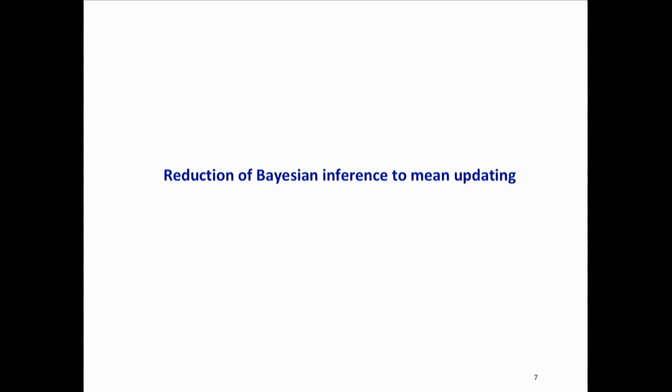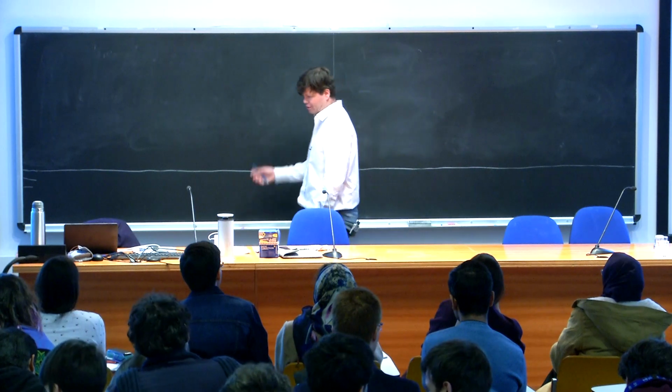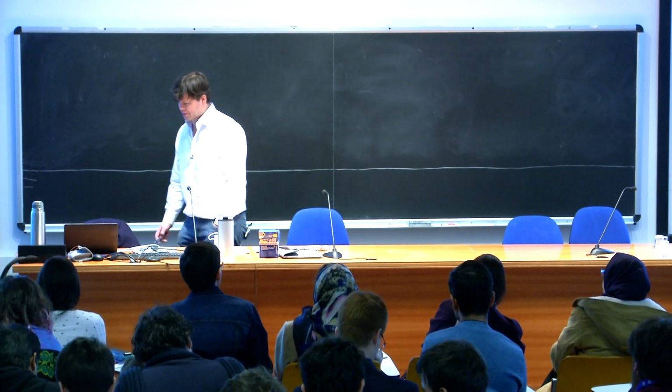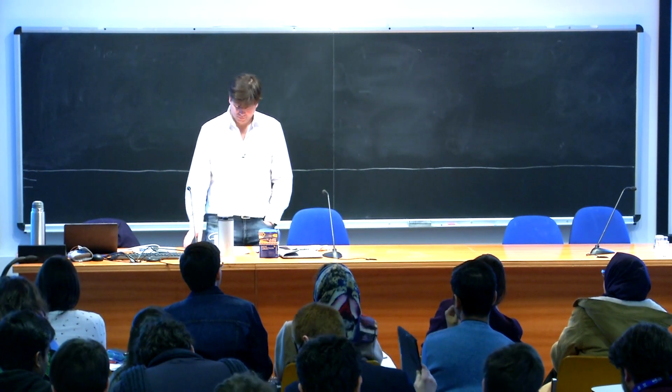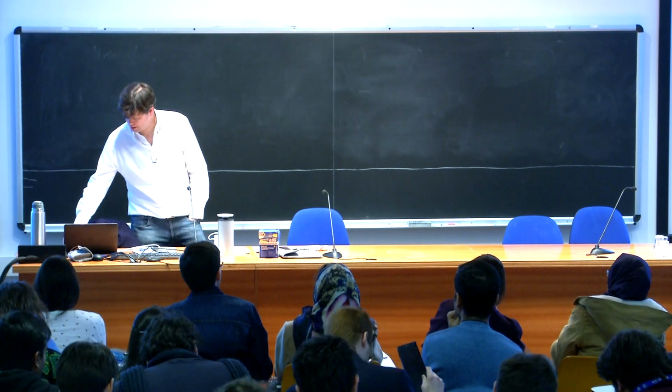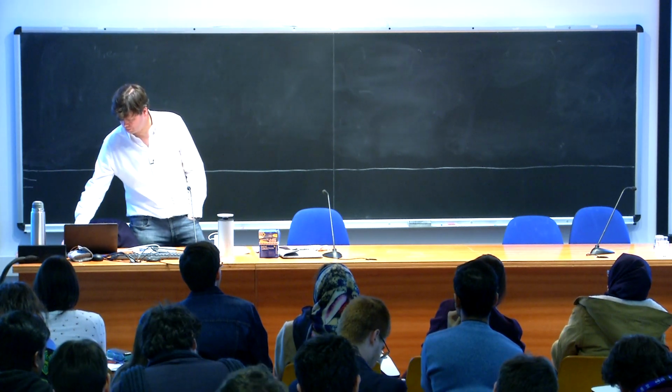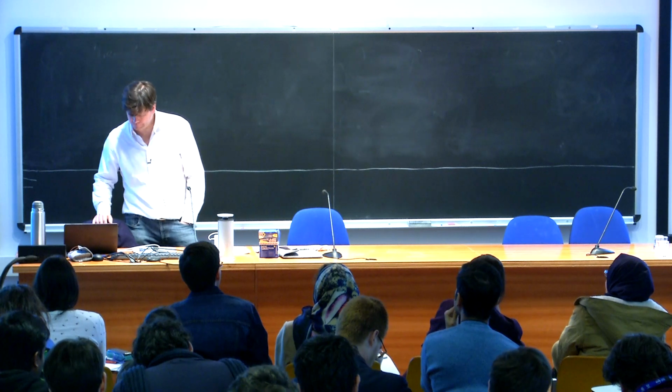And the first step will be to show that under certain conditions, and actually quite broad conditions, Bayesian inference can be reduced to mean updating. This will be important in what follows. It's another one of the building blocks we need that'll come together in the end to form one big whole.